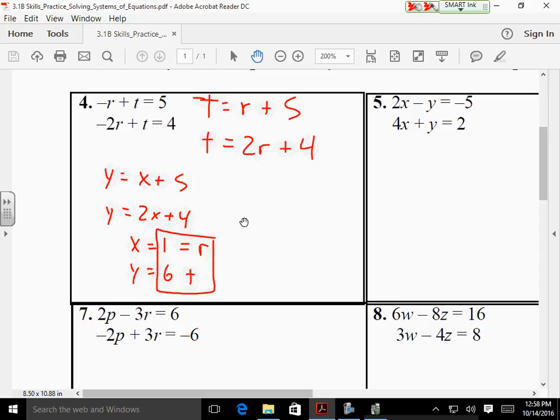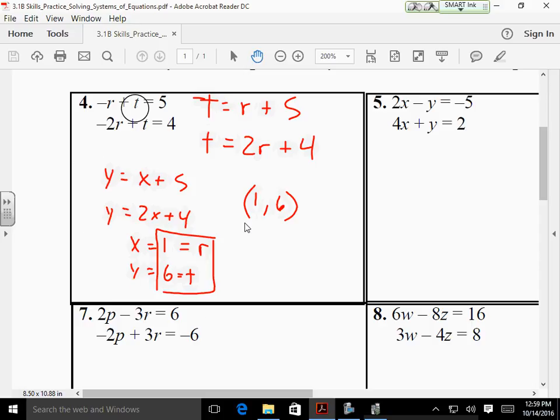If you write it as a coordinate 1, 6, when it has the letters R and T, then that usually means in alphabetical order. R comes before T in the alphabet, so that one's probably R and that one's probably T. Otherwise, write it like that: R equals 1 and T equals 6. Now that's using the graphing method.